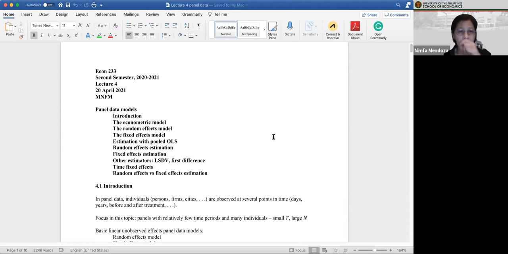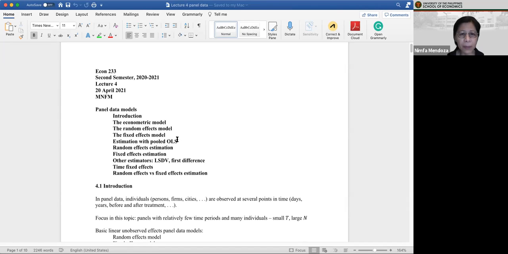Okay, so we have been doing panel data models, and the basic models are the fixed effects and the random effects models. Then we looked at the estimation procedures.